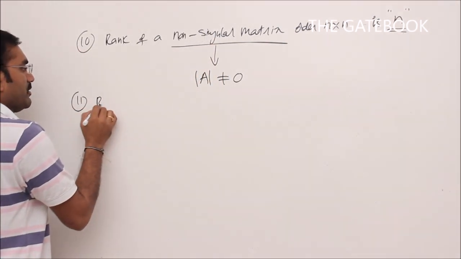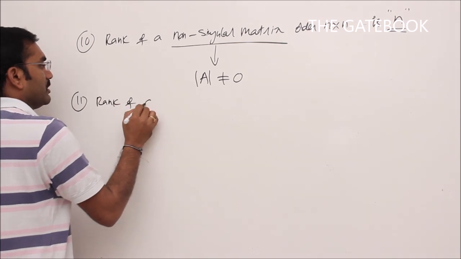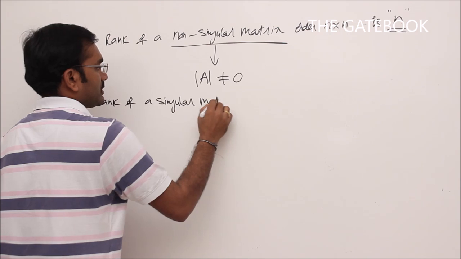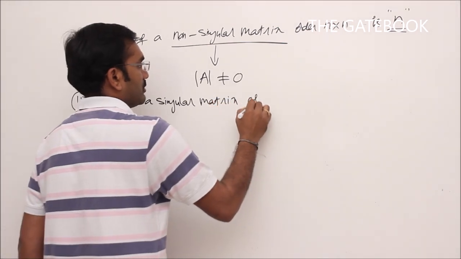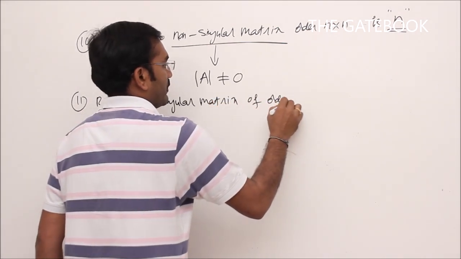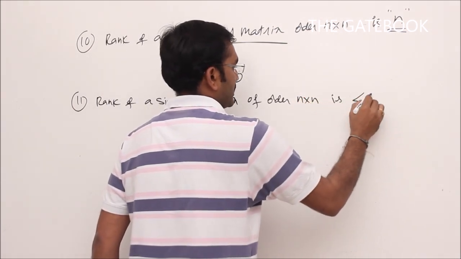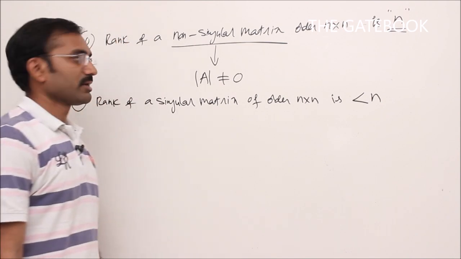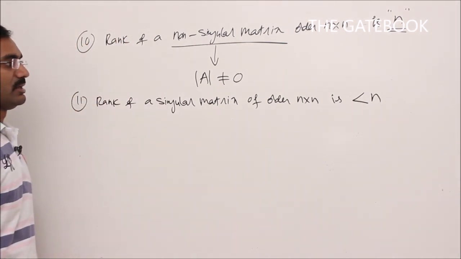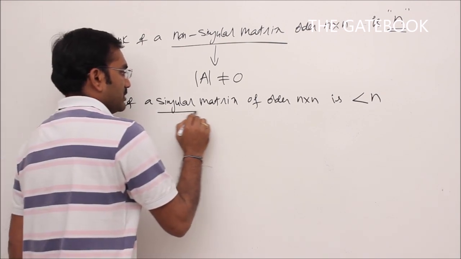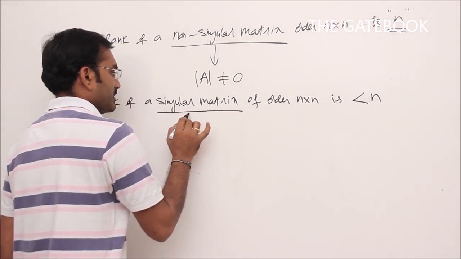Next property, rank of a singular matrix of order n by n is always less than n, because see here, the given matrix is a singular matrix.